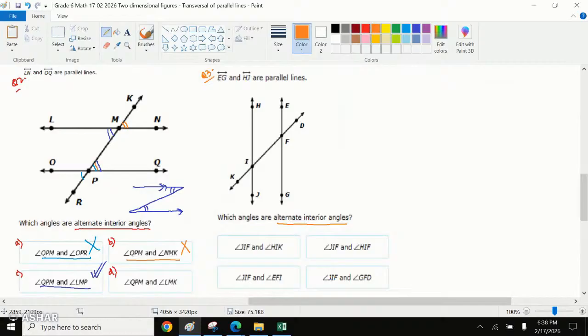We need to remember whenever we are forming a Z, these two angles in the previous question were alternate interior angles, right? We again have to find alternate interior angles. Then which pair of angles would be alternate interior? The options given are option A, option B, option C, and option D.